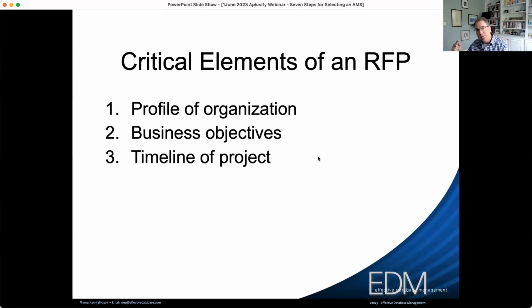Because we want to communicate expectations to the vendor early on, because the danger in not communicating that is later on, as you go through this process, you're ready to sign a contract and you say, oh, this will take 90 days to be installed, right? And the vendor goes, oh no, this is a 9-month process. So you don't want any of those kind of surprises. So you want to communicate when you expect to go live, and then the vendors can react to that.